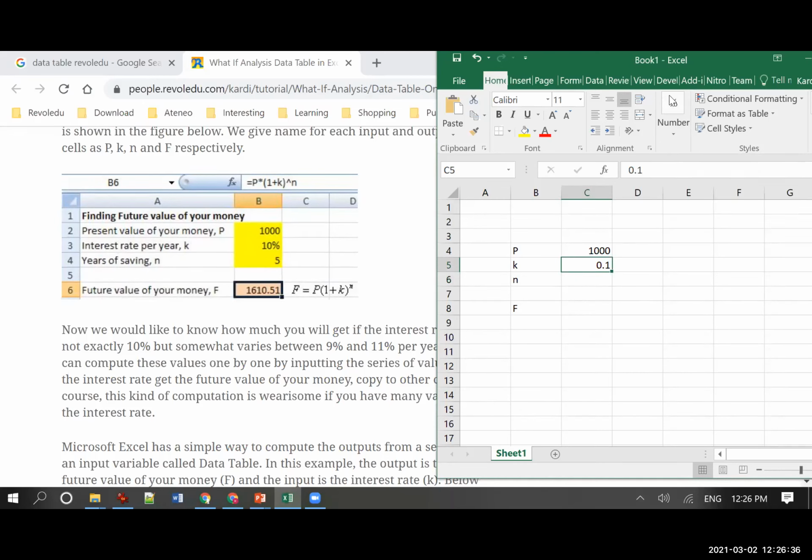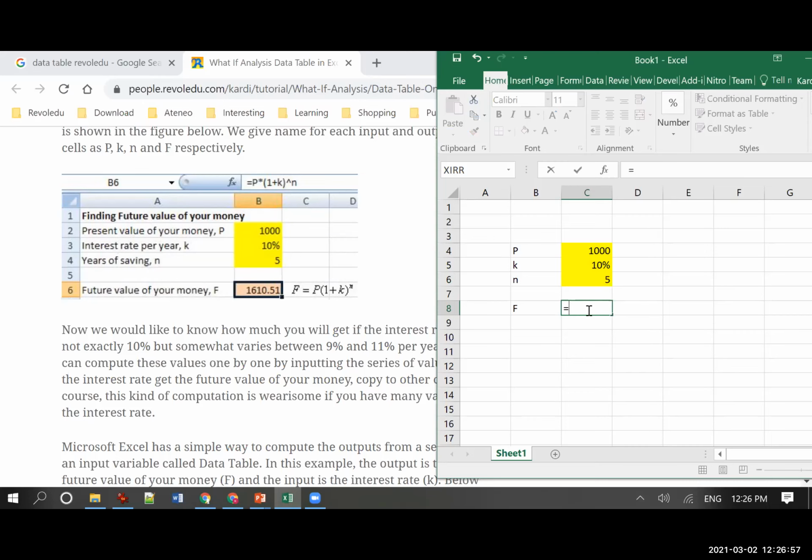This one I put in percent, 10%, right? And then I want to calculate 5 years. Because these are numbers, I put yellow so that I know that this is my input. And this is your output, okay? Your output is the future value of money.